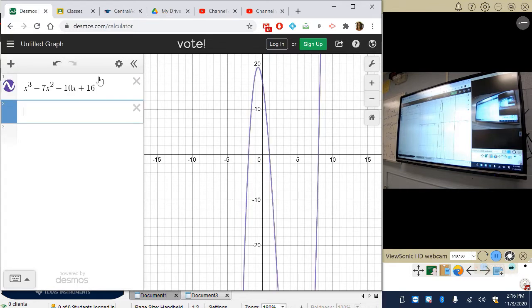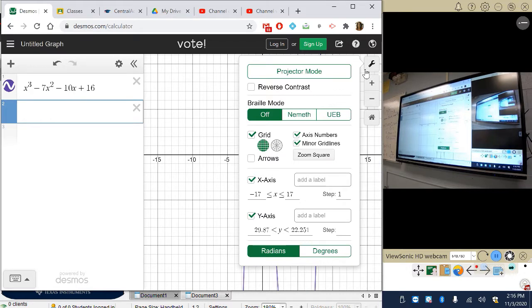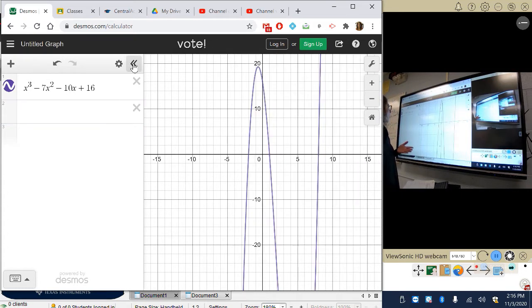And I'm going to hit enter. Now, remember I told you to click the wrench? And on the wrench, I want you to put what your window was. Your window was negative 17 to 17, and that is the step. So we know we're good here.